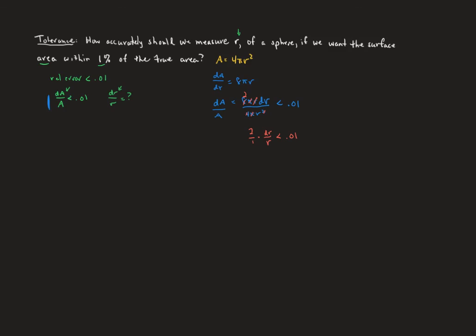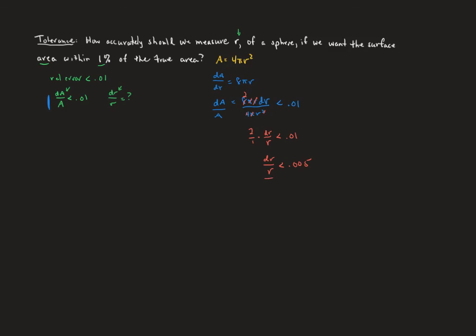Follow that? So now we can divide by the 2. So what we're saying is we want the relative error in measuring the radius to be less than, when you divide 0.01 by 2, 0.005.